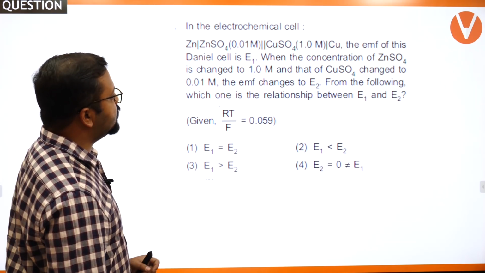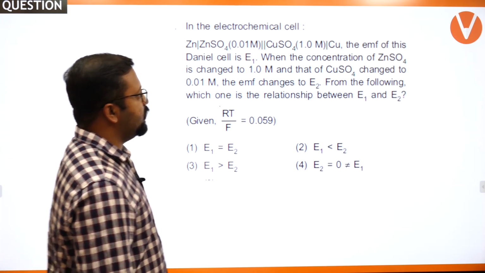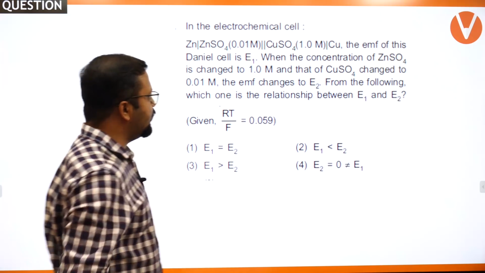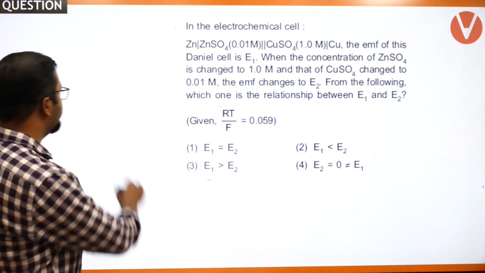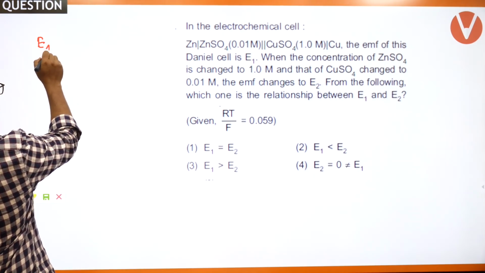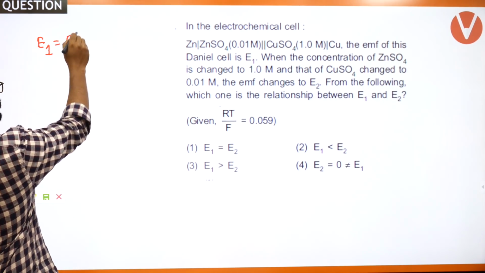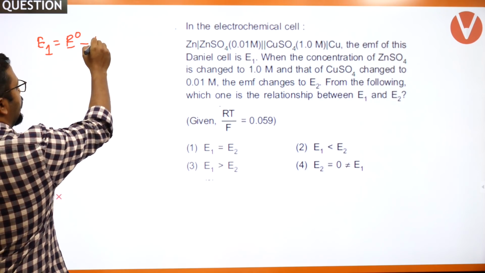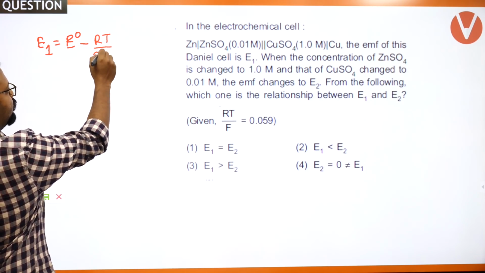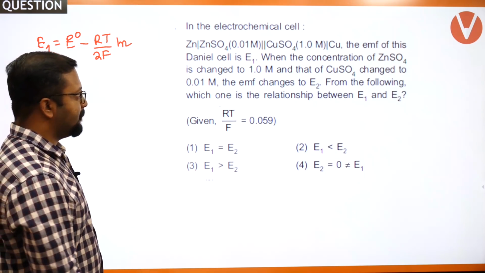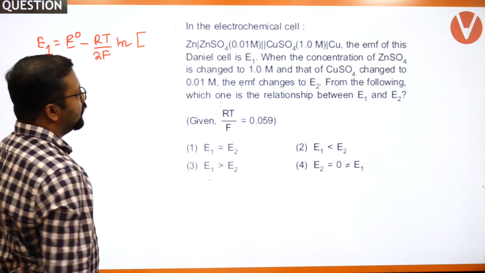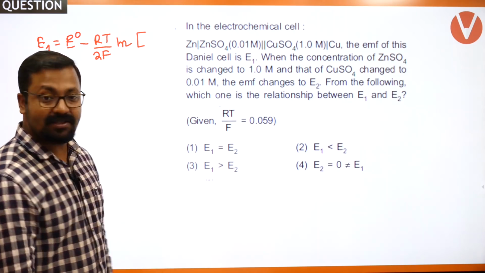In an electrochemical cell, zinc sulfate and CuSO4 are given. EMF of this cell is E1. So how do I write the Nernst equation for this? E1 will be equal to E naught minus RT by 2F ln of, what will be the oxidized state?